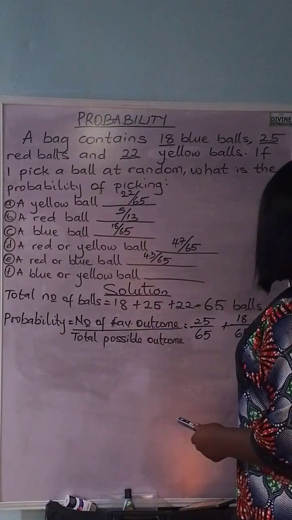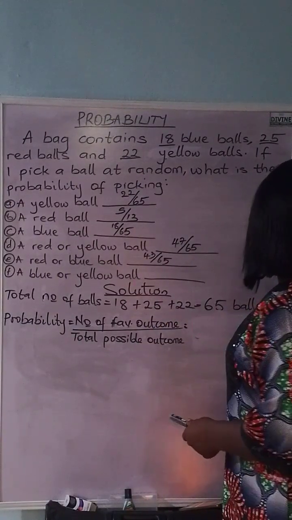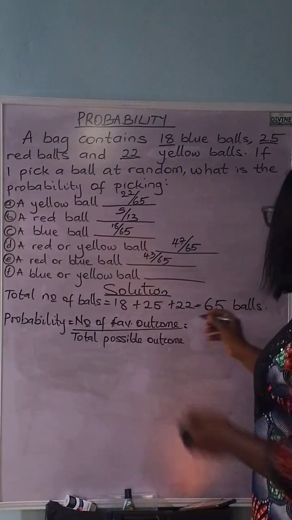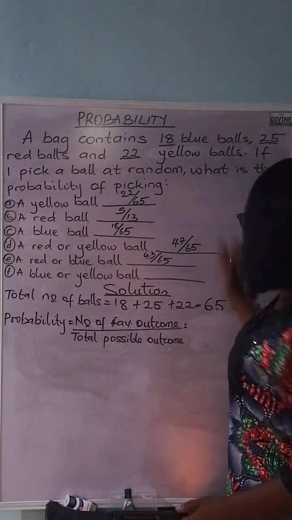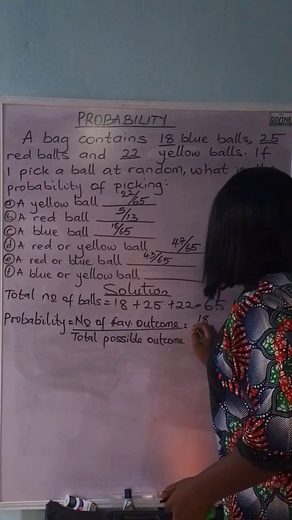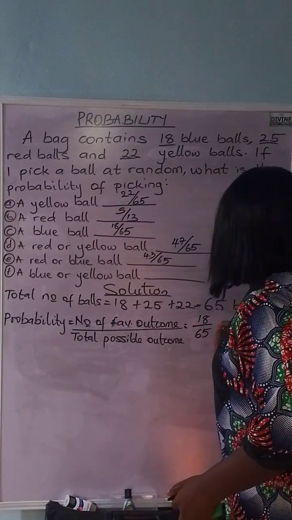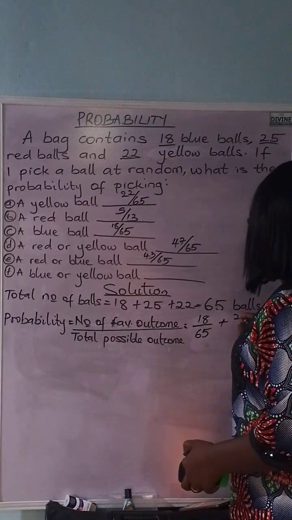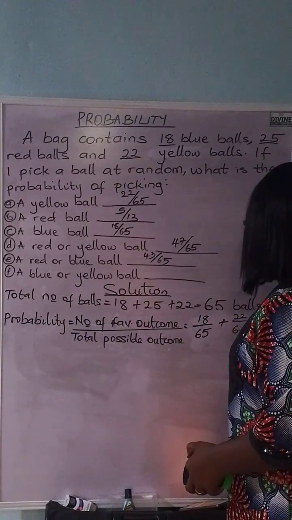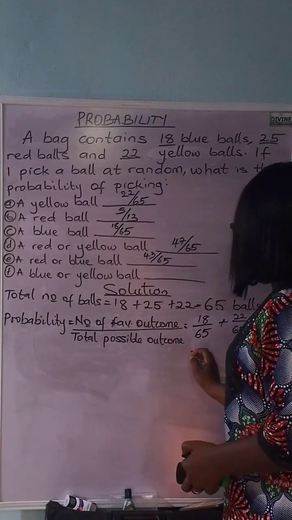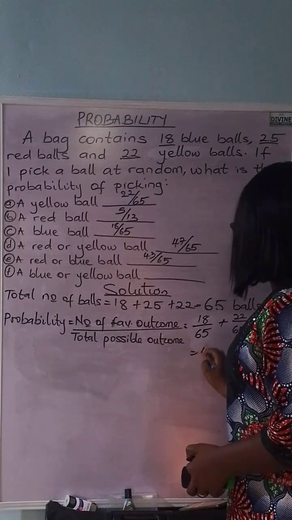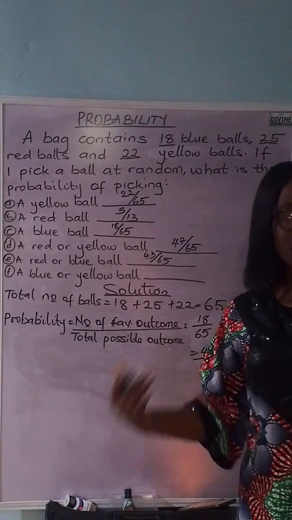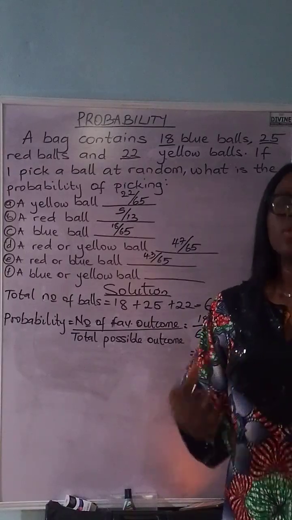Now for the final question. A blue ball or a yellow ball? How many blue balls do we have? 18. 18 over 65 plus yellow balls, 22 over 65. If we add them together, we have 40 over 65. But we cannot leave our answer like this because it's not in the lowest term.